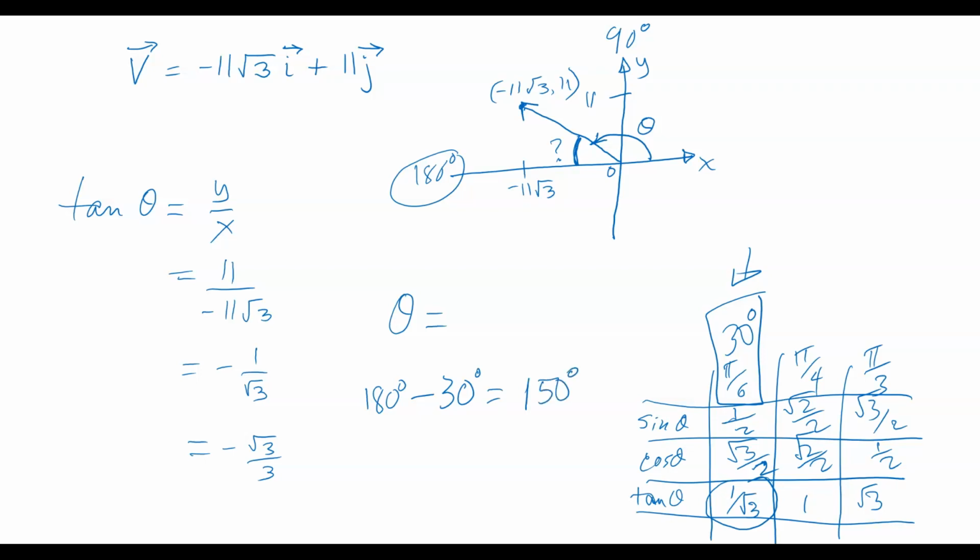This angle right here actually is equivalent to the reference angle, so by putting a question mark there, I should not have. I know that that angle is 30 degrees, that it is the reference angle, so that has to be 30 degrees. Subtracting 30 degrees from 180 degrees is going to give me theta as 150 degrees.